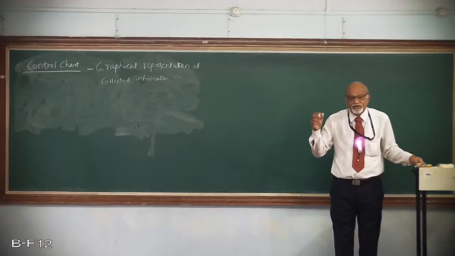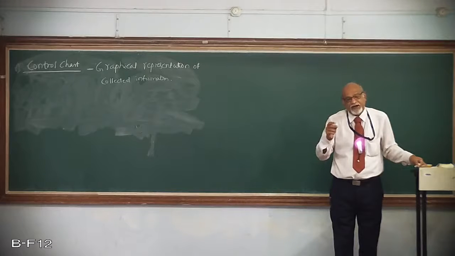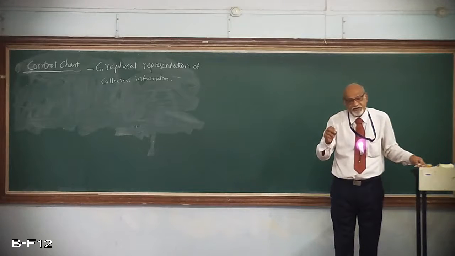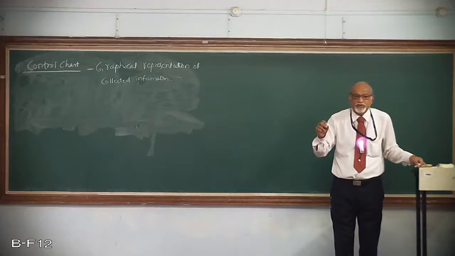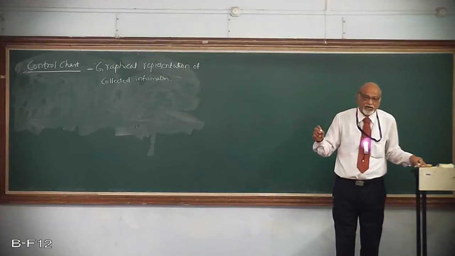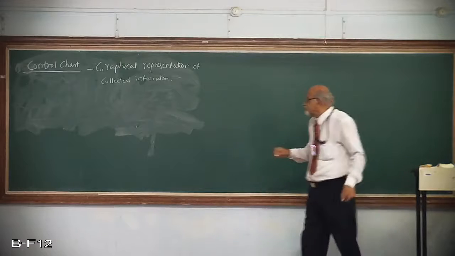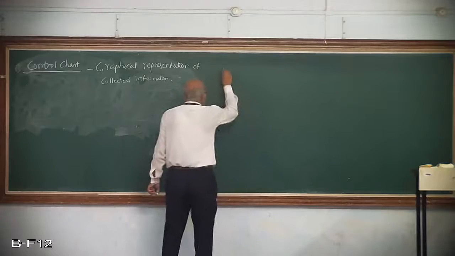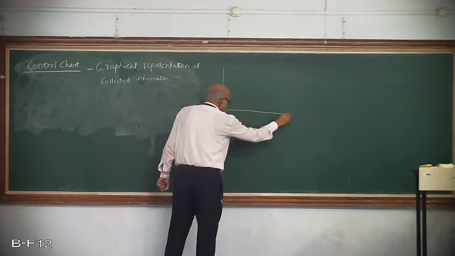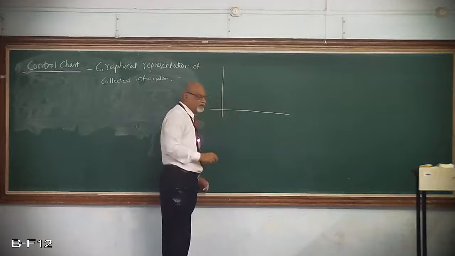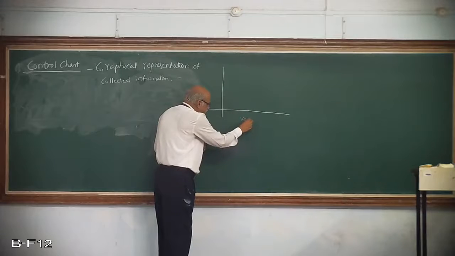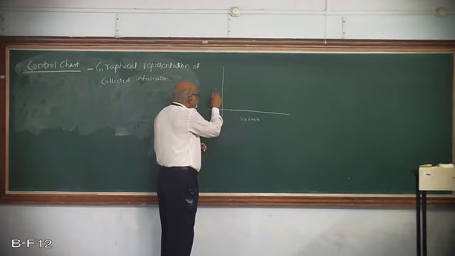If I collect the information and if I go on depicting them according to the time as and when it happens. So I collect certain information. Say, for example, here I will just plot it. Okay? This is some variable, and it has got certain frequency or whatever it is.